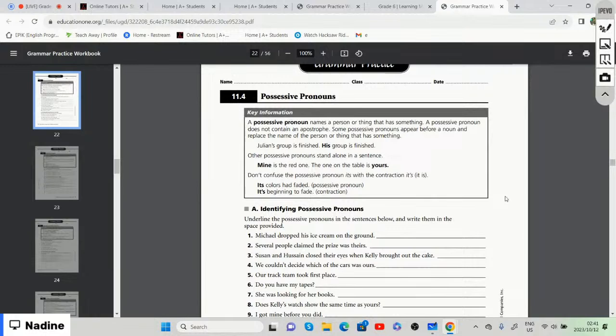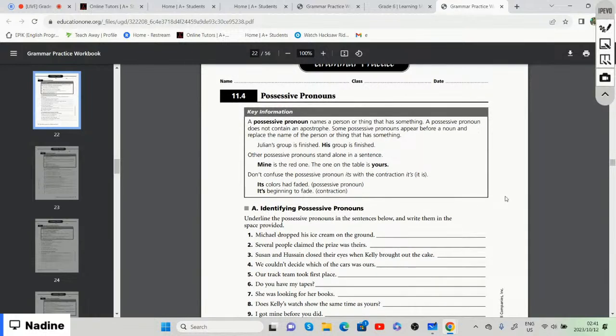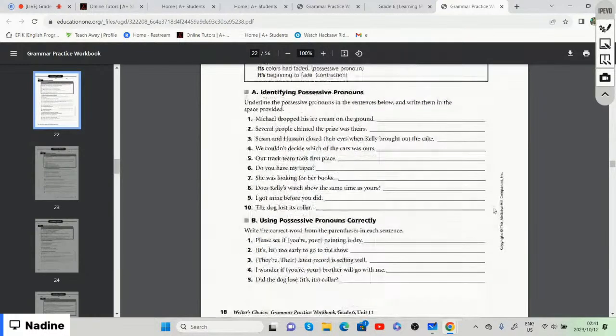All right, so now we're going to look at the activity in front of us, and we're going to identify possessive pronouns. They say we need to underline the possessive pronoun within the sentence below and write it in the space provided. Michael dropped his ice cream on the ground.